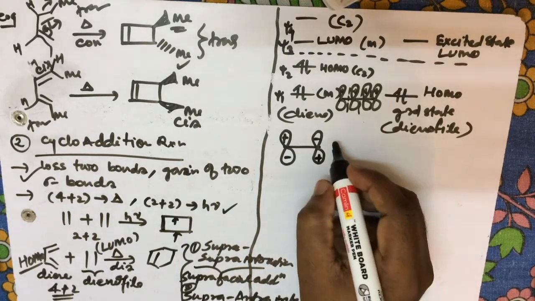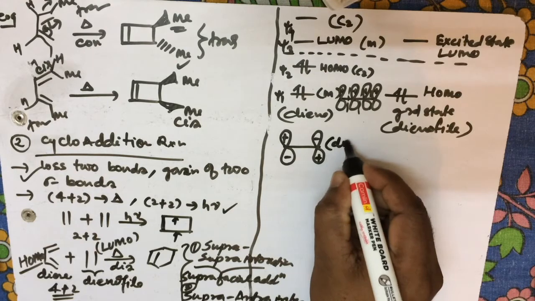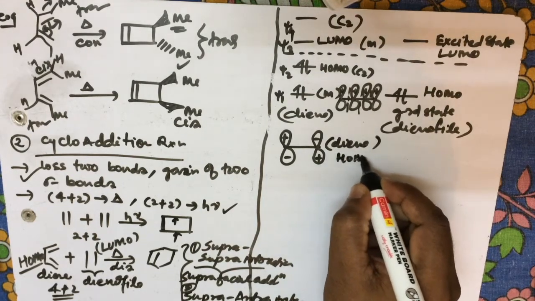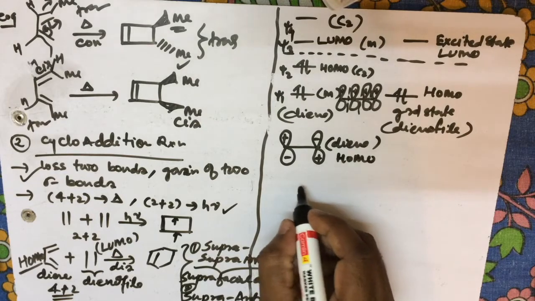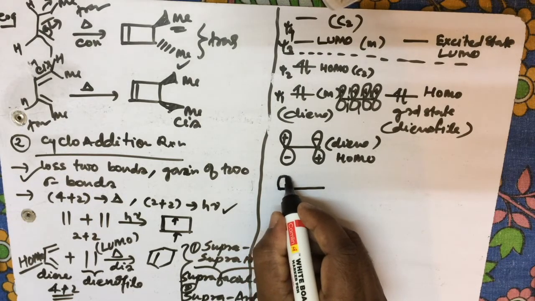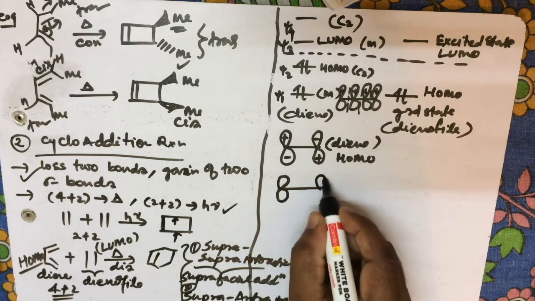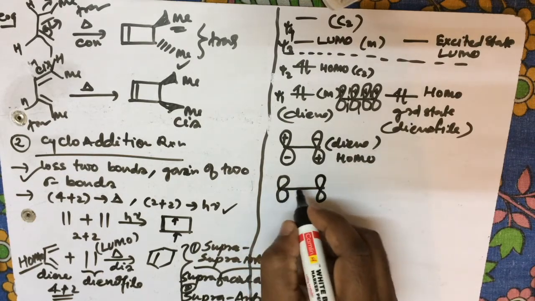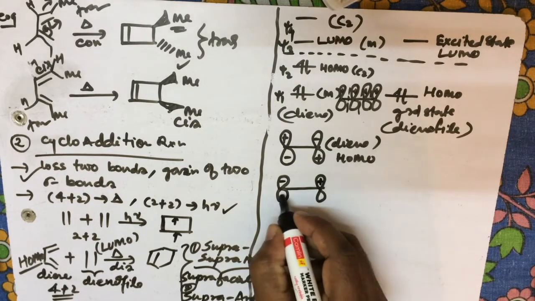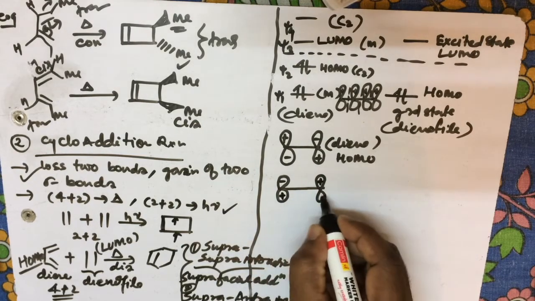Okay, this is for diene HOMO, and this is LUMO. Here the minus, here the plus, here the plus, here the minus.